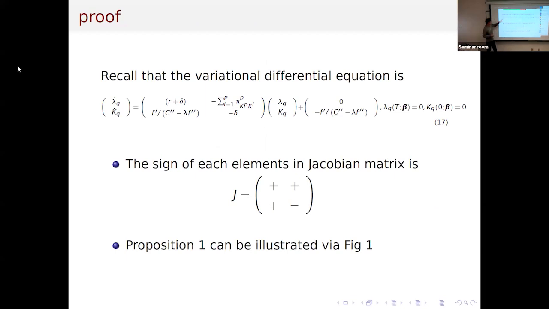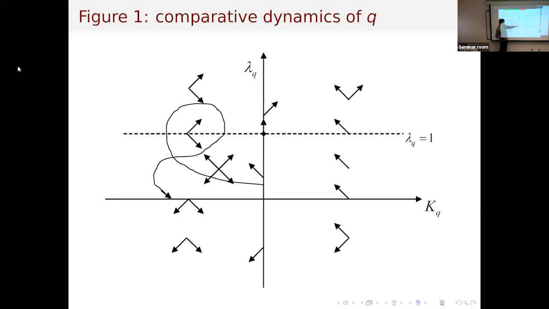Then we can make sure that lambda Q dot is greater than 0, which means lambda Q must increase. So at this point, lambda Q must increase. So it either goes this way or goes that way, right?